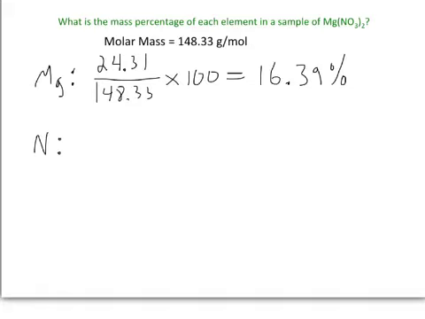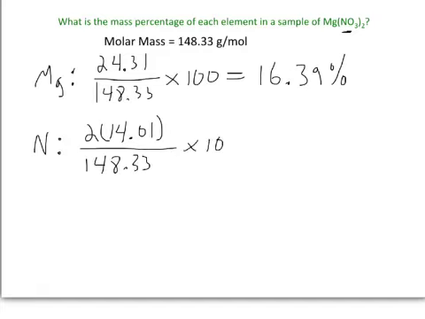I'll do the same thing for nitrogen. Only in this case, for every 1 mole of magnesium nitrate, I have 2 moles of nitrogen. So I'll take 2 times 14.01 divided by the molar mass of the compound. And when I do that calculation, I get 18.89% nitrogen.